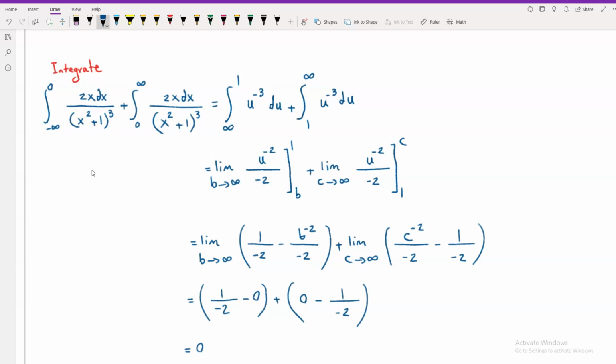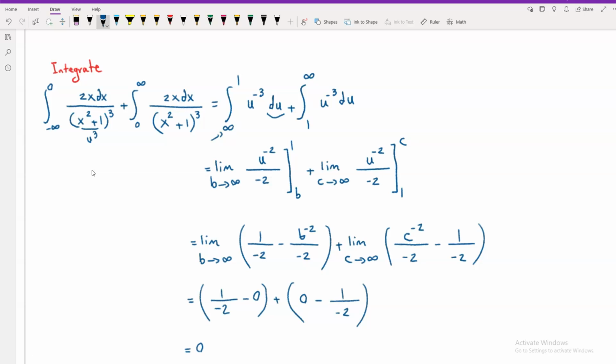So we have the integral from infinity to 1, so we had u equal to 1. And what we had for u was x squared plus 1. If we use negative infinity instead of x, we're going to have negative infinity squared plus 1, so that is positive infinity. That's why here I have positive infinity. And then we have 2x dx, that is du, and here this part is u to the power 3.